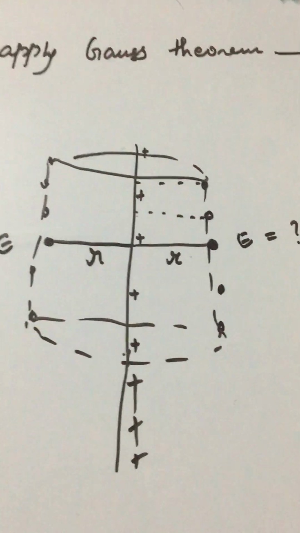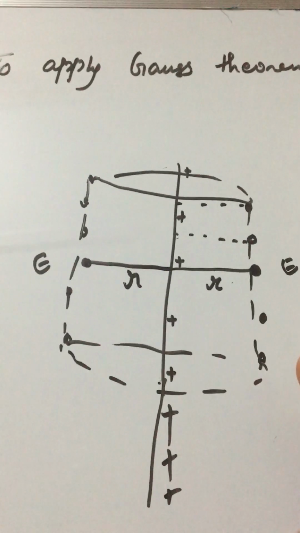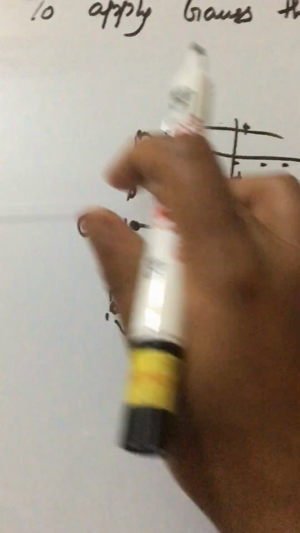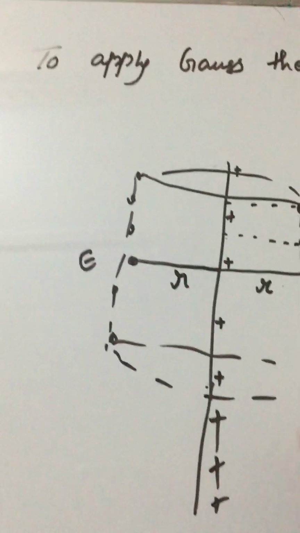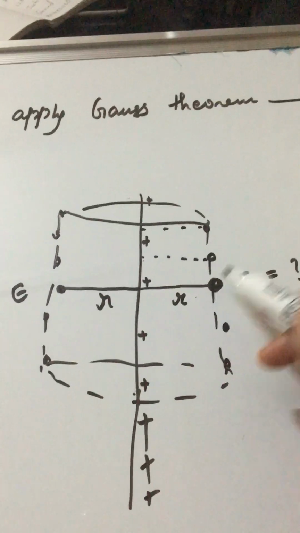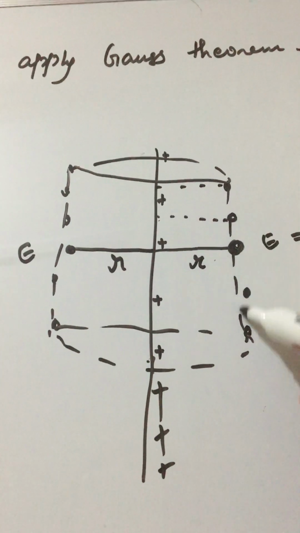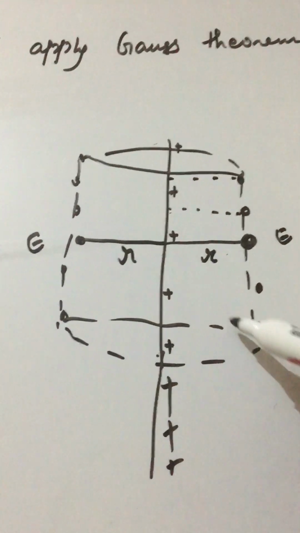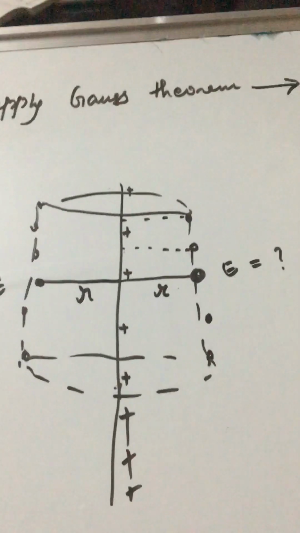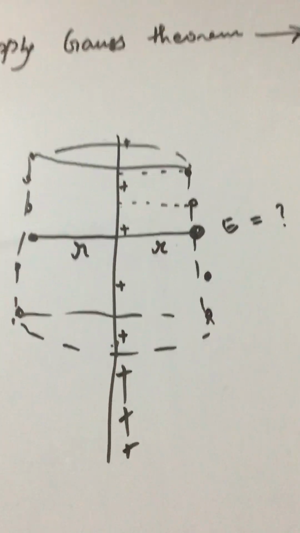What if I want to use the Gauss theorem? For the Gauss theorem, a closed body is needed, right? And to find the electric field at this point, I have assumed an imaginary surface. In this case, it is a cylinder. That is the Gaussian surface.